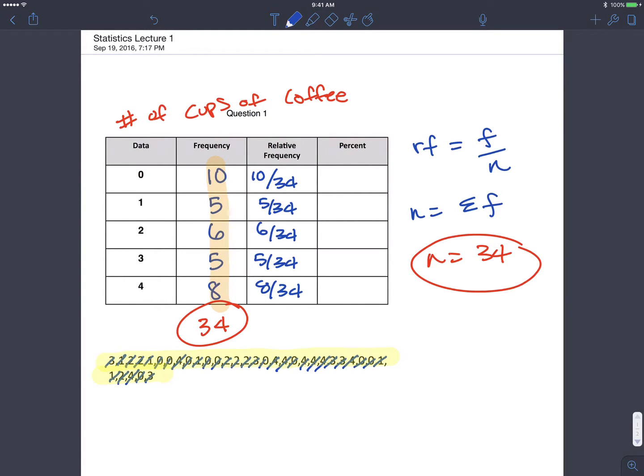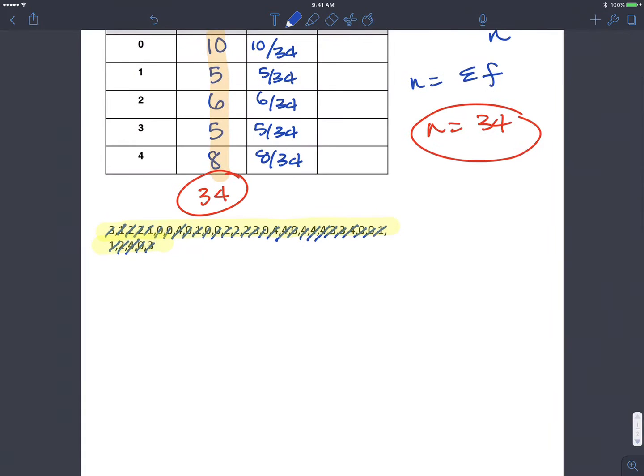So we're going to look at all these relative frequency values, like for instance 10 over 34. Looking at our calculator, 10 divided by 34, we get 0.2941.